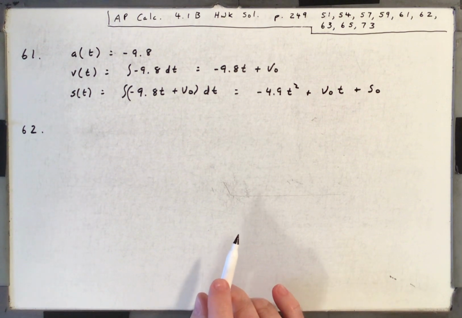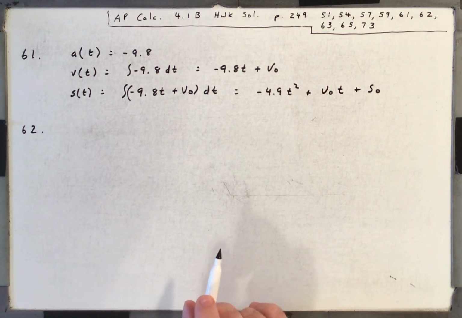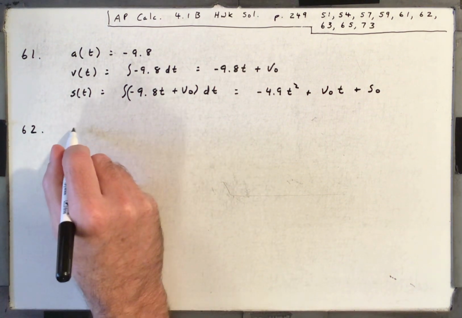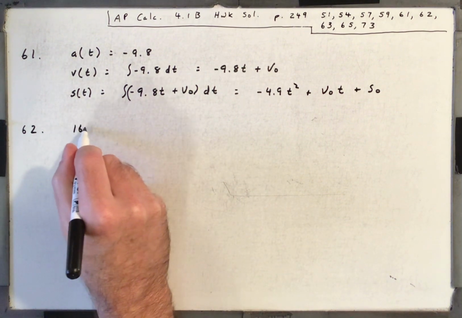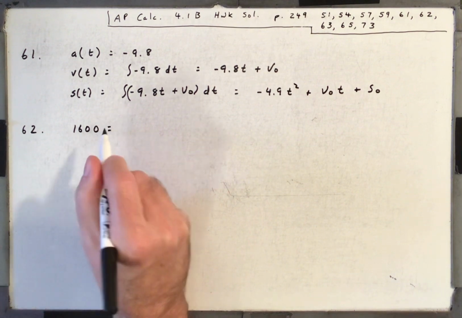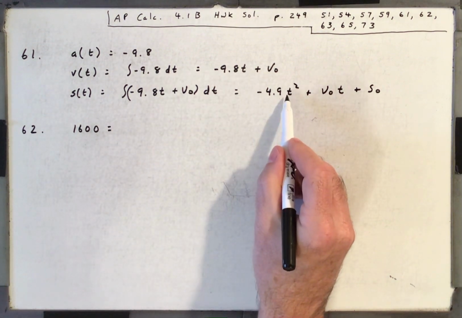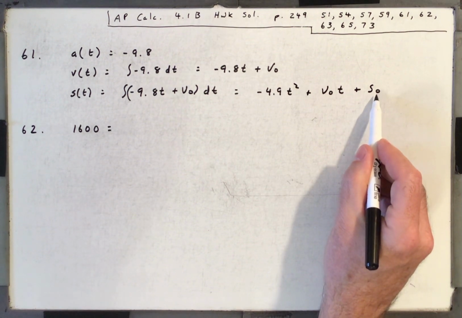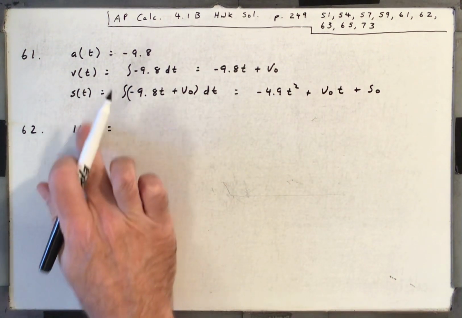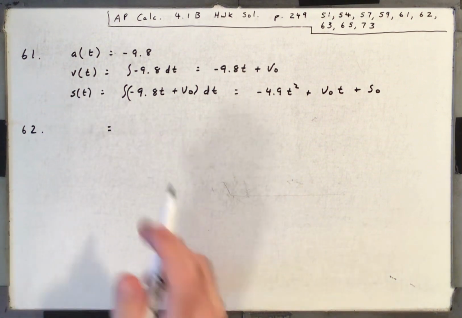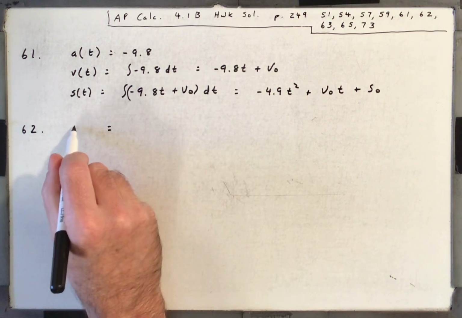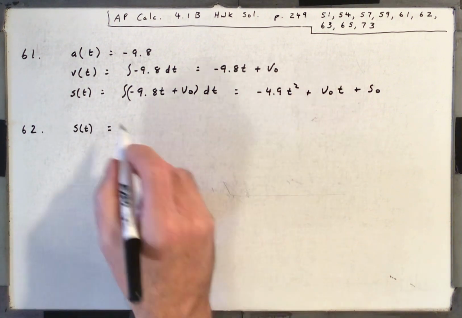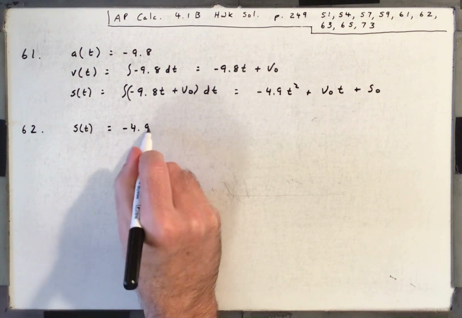So we know that S of t is 1,600 meters. Okay, so we would have 1,600 is equal to this equation. We know that S of t is equal to minus 4.9 t squared.